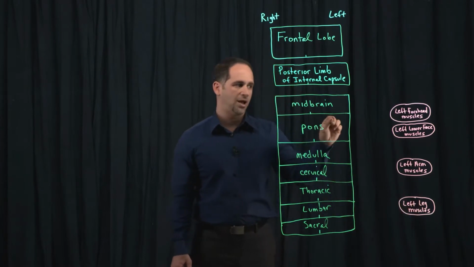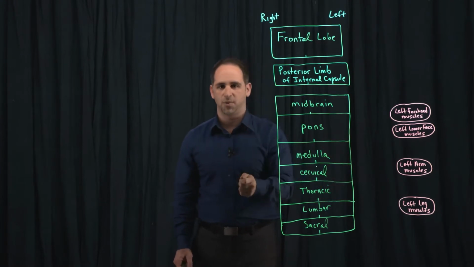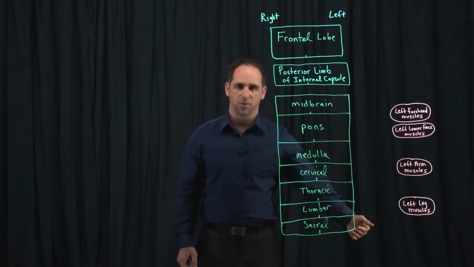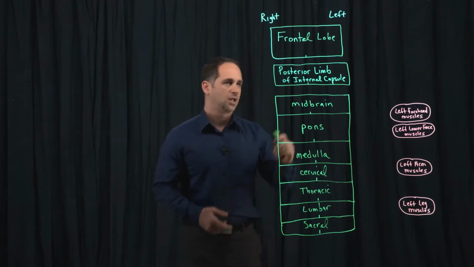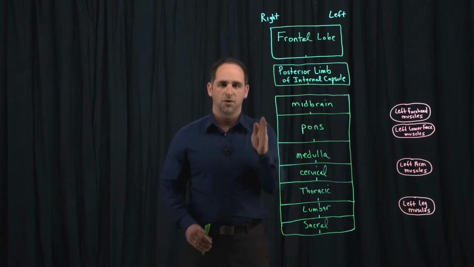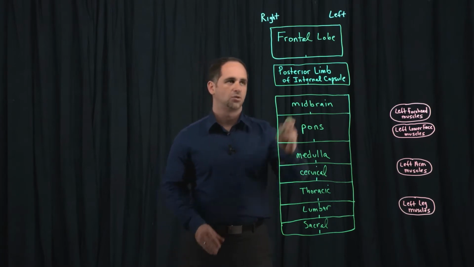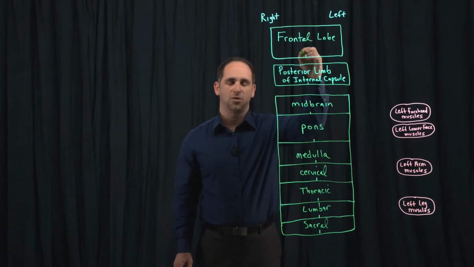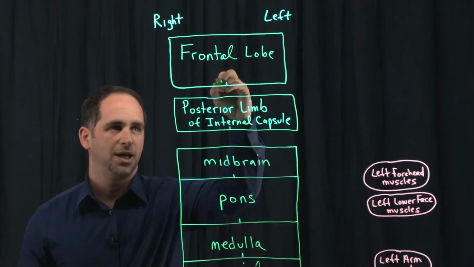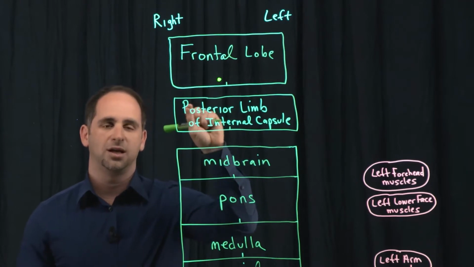So we're going to draw out for each of these groups of muscles the pathway starting with the upper motor neuron going to the lower motor neuron. So let's start for the leg muscles. The left leg, we know the upper motor neuron has to start on the right side. So what we'll do is we'll put in the cell body for the upper motor neuron, and notice that I'm putting it in a very specific location in the frontal lobe.